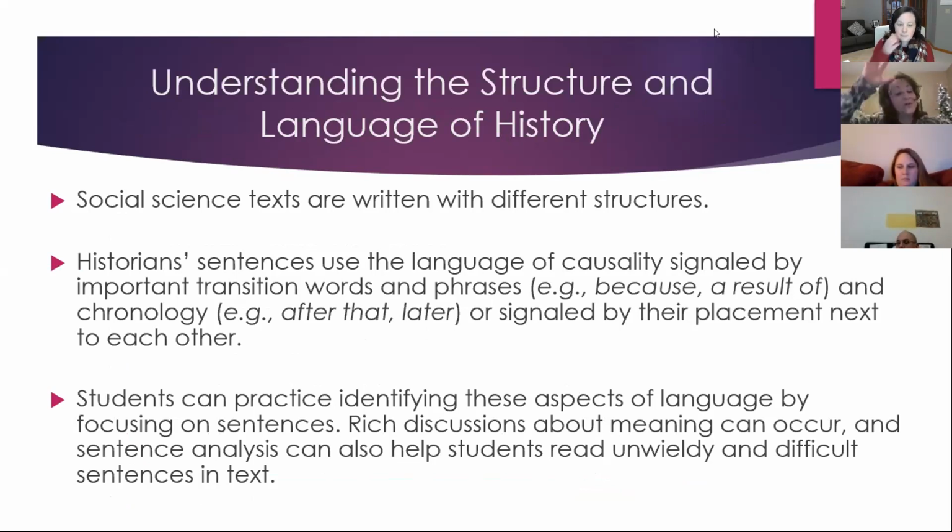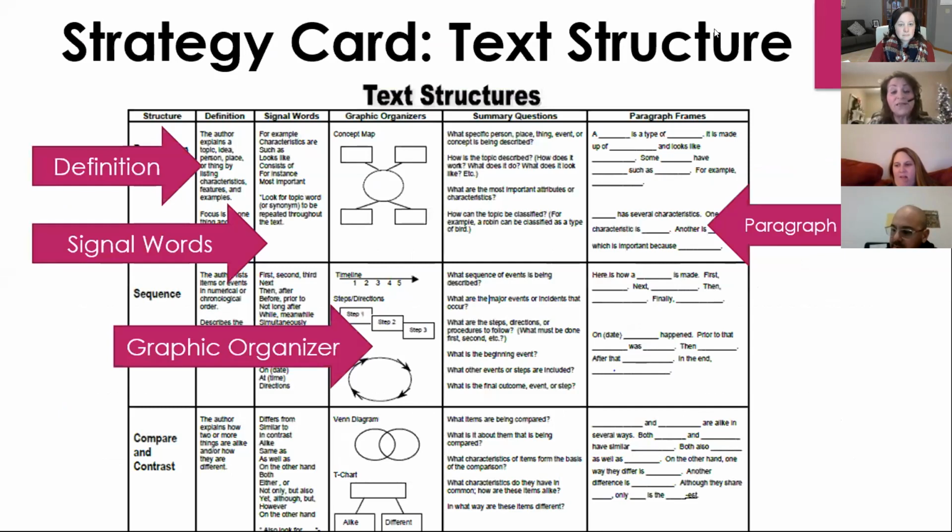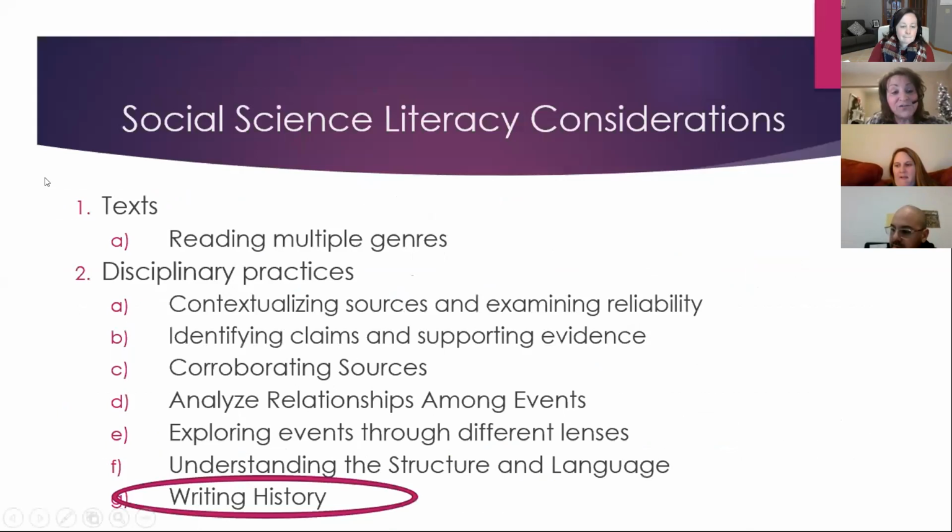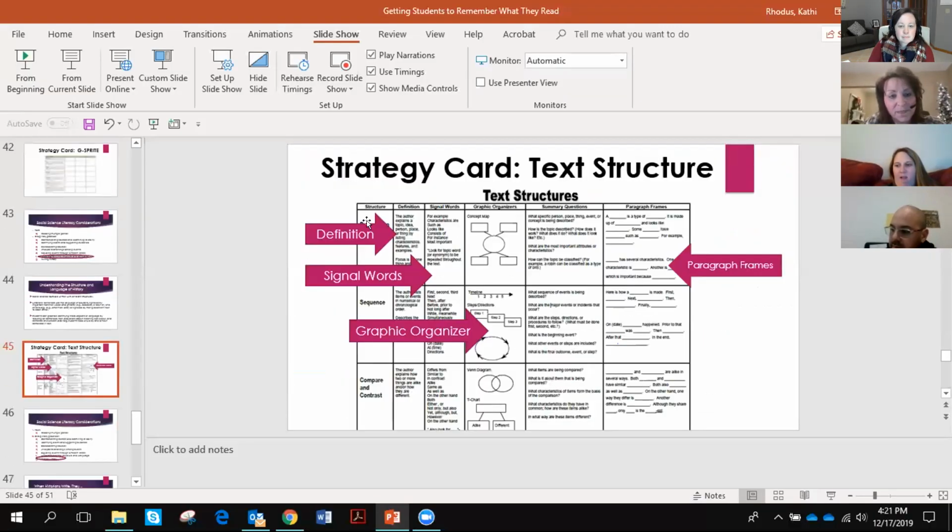Some just give the sequence of events. Some cause and effect. And all these different structures can actually be an open door to comprehension, because a lot of historians will use certain words to signal that structure. And once students can learn what structure a historian is writing in, or a combination of structures, it's easier to comprehend.